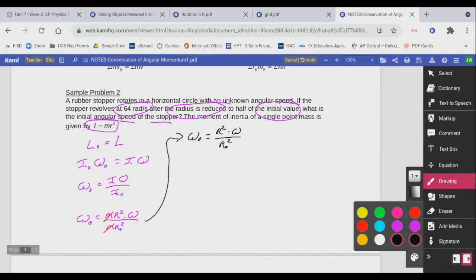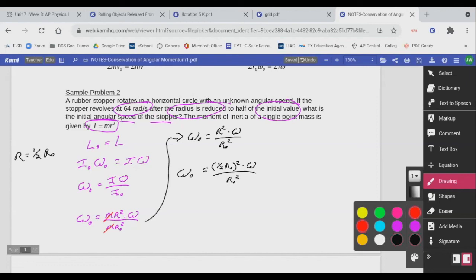All right, where can I go with this? They told me what the final angular velocity was, but they didn't tell me anything about the size of the radius. What can I do with this? The problem tells you that the original radius was 2 times the final radius, so you can substitute the value in. Yeah, so final radius is equal to 1/2 original radius, right? So I could say 1/2 r naught squared times omega over r naught squared is what omega naught is.